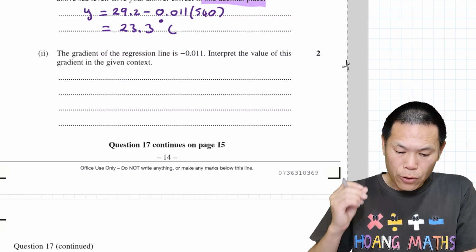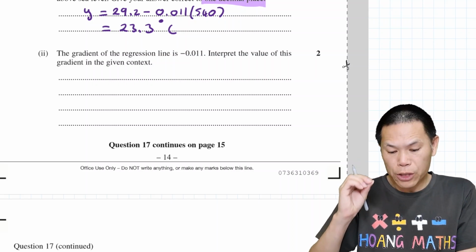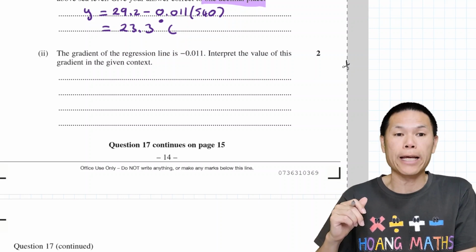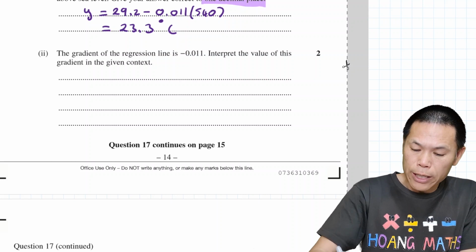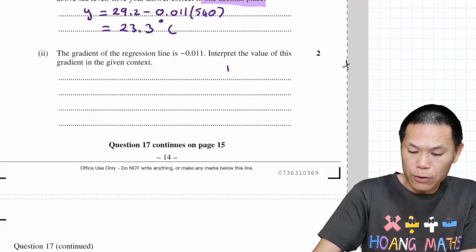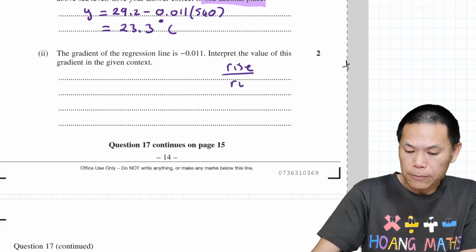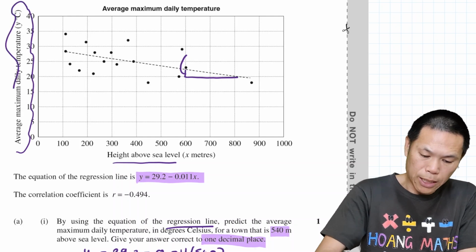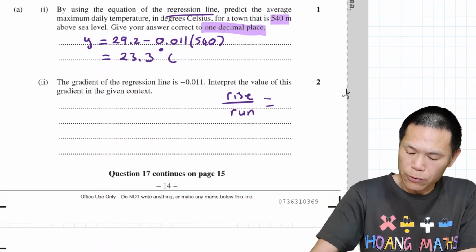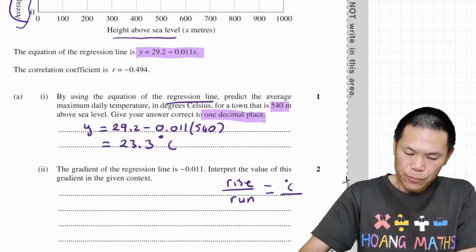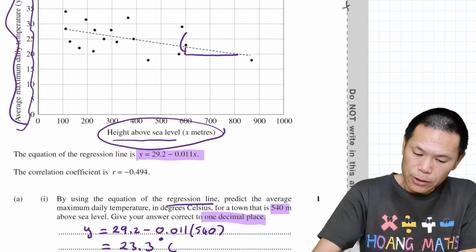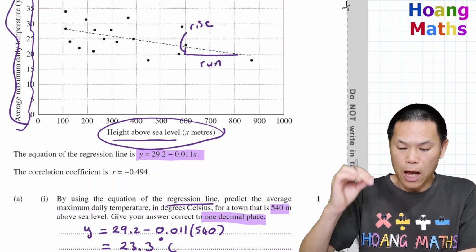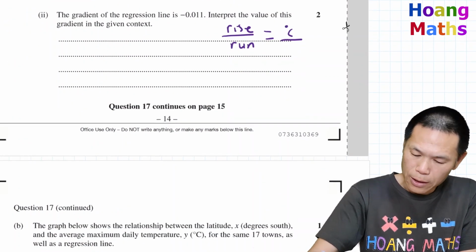Part 2. The gradient of the regression line is negative 0.011. Interpret the value of this gradient in the given context. So we know that the gradient is rise over run. The rise is the average maximum temperature in degrees Celsius, over the run, which is the height above sea level, x, in meters.